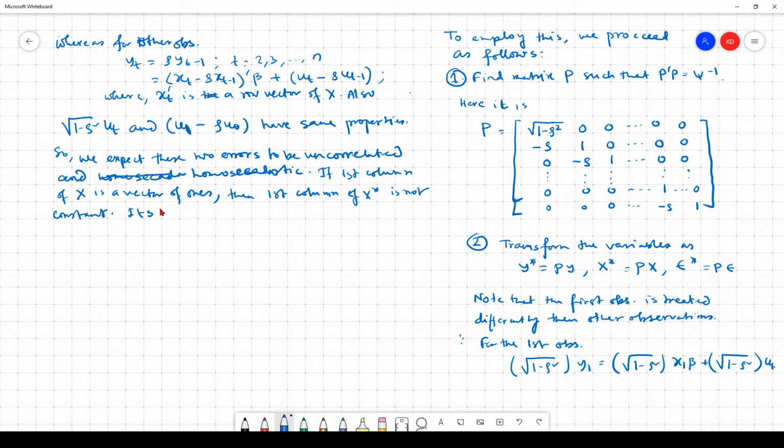Its first element is root over 1 minus rho square.